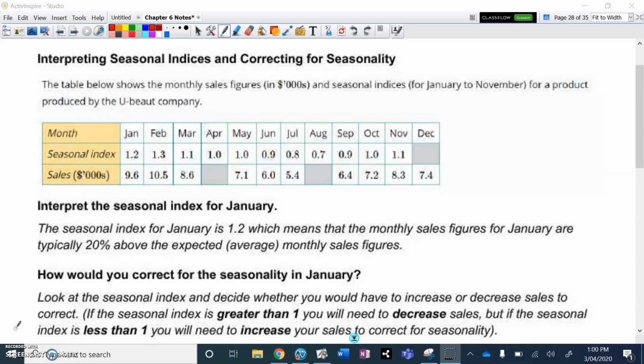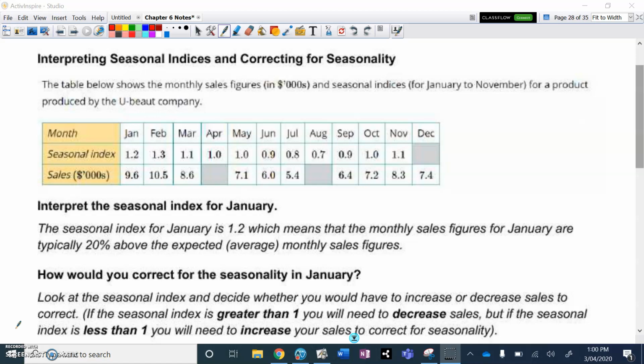So number one, you have to be able to identify and interpret what a particular seasonal index means. Number two, you need to be able to figure out how to correct seasonality.